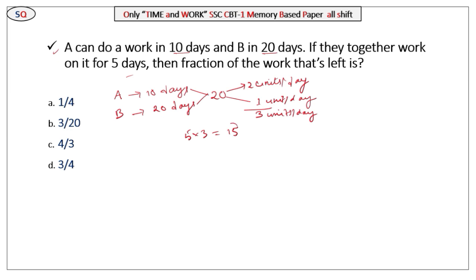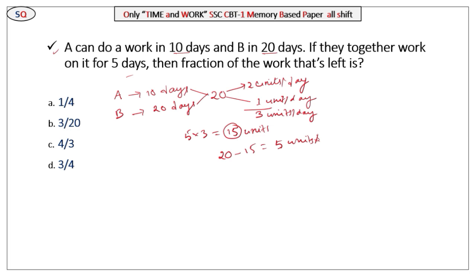This 15 is the units of work which was done in 5 days. So now subtract 15 from 20, we get 5 units of remaining work.